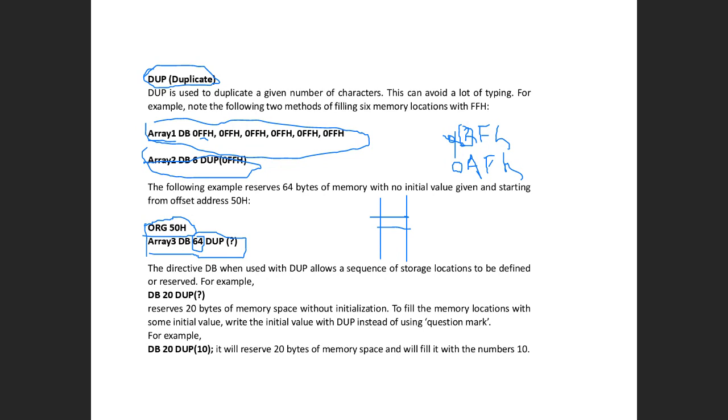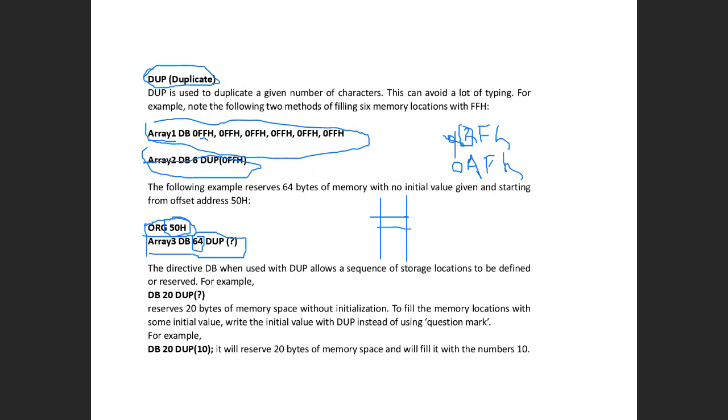Is it okay? Do you understand this one? So from the memory location with offset 50H, it reserves 64 memory locations with the name array3, and empty memory locations. Question mark is an empty memory location.